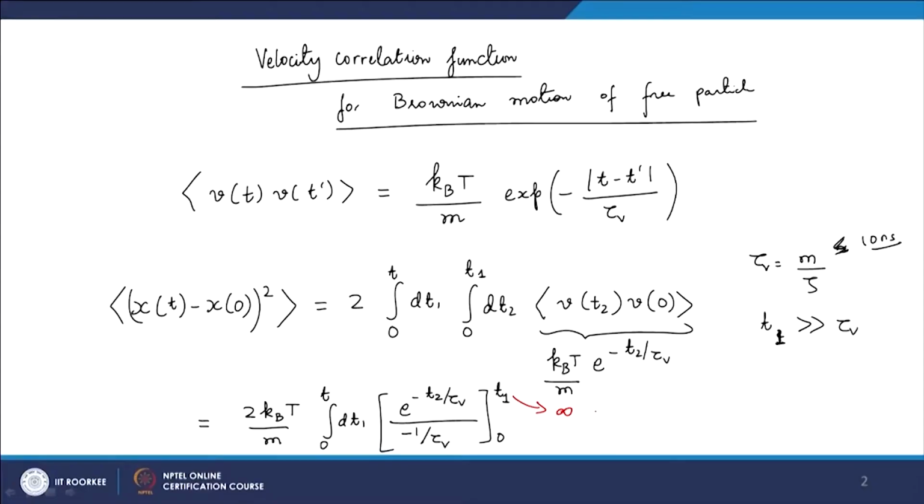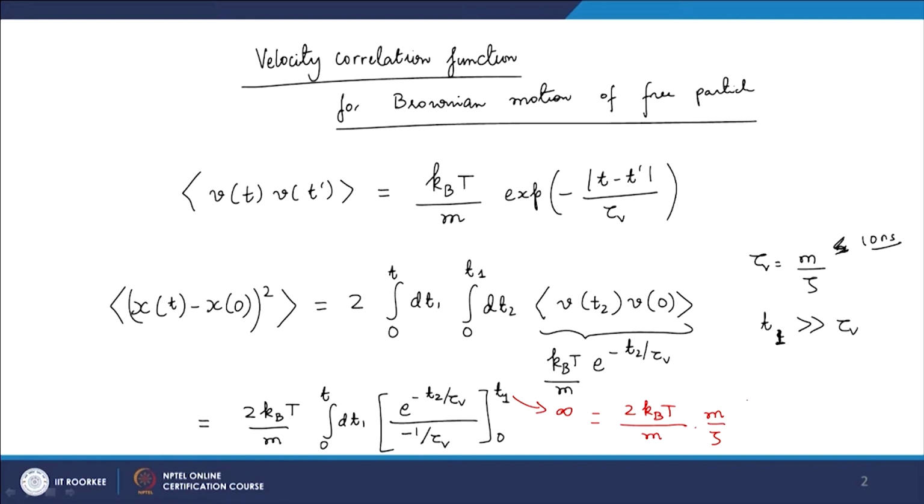Okay. So, that is what I will do here. Now the upper limit goes to infinity and we only have the lower limit. So, it is equal to 2 kBT by m, and tau v comes outside, so we have an m by zeta coming here.